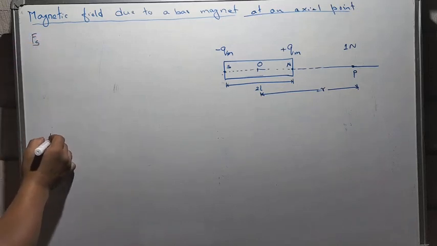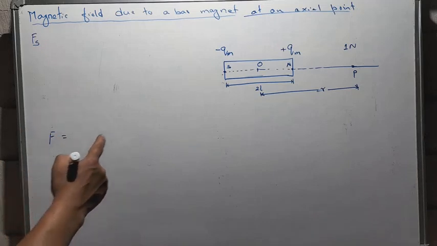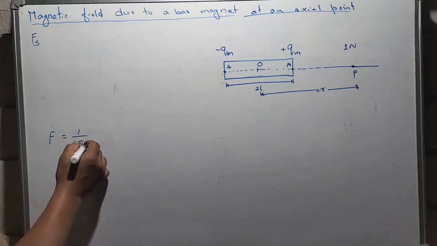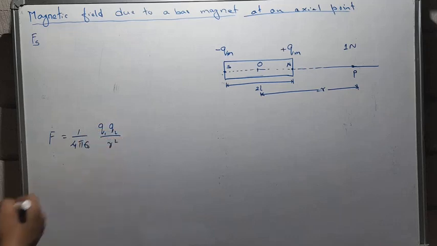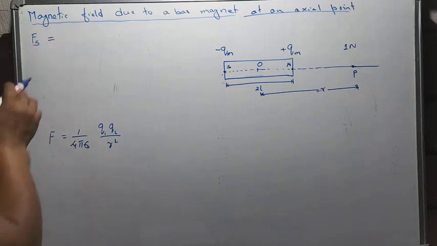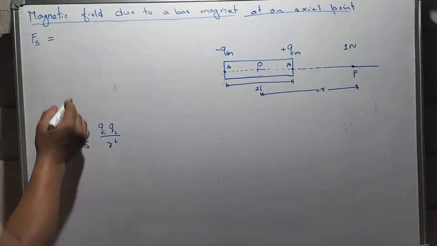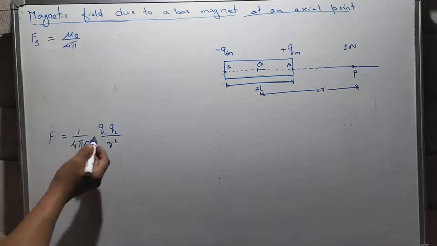If you remember in Coulomb's law, the electric force experienced by a charge placed at a distance r from its source is 1 upon 4 pi epsilon naught, q1 q2 upon r square. Now similarly, this magnetic force at a point P due to the south pole of a magnet can be written as, instead of this constant, mu naught upon 4 pi times q1 q2.